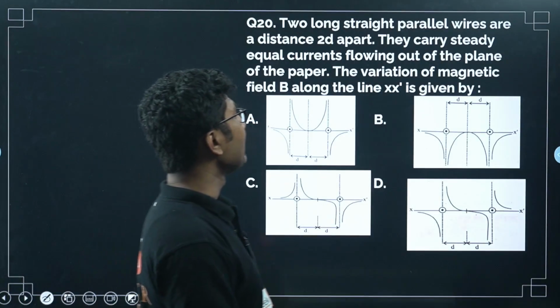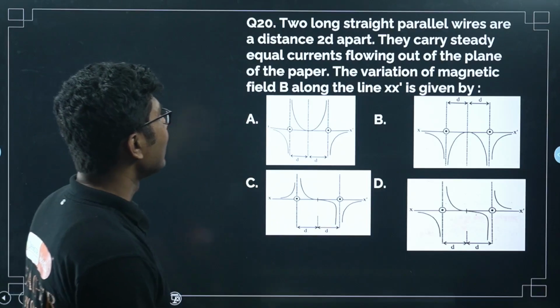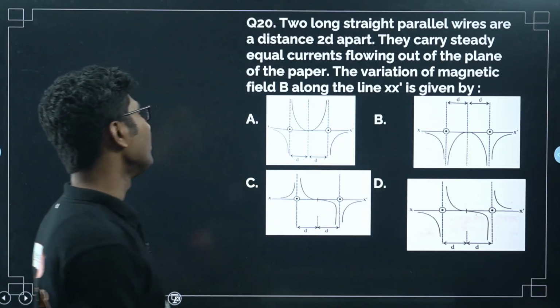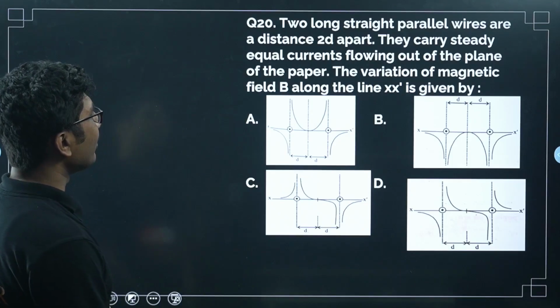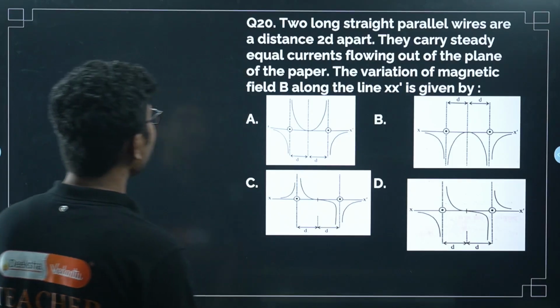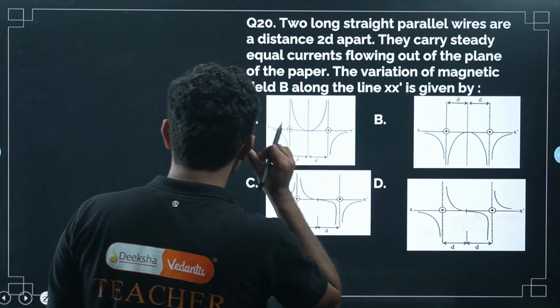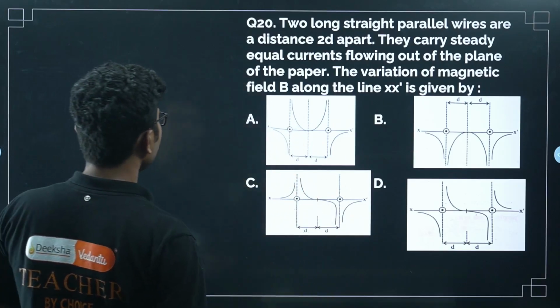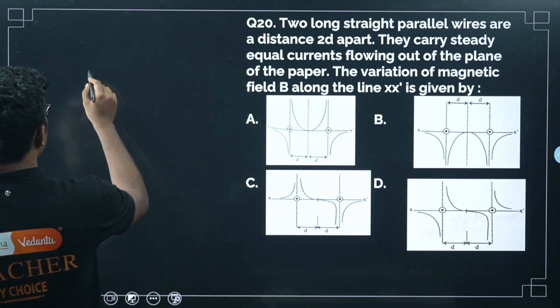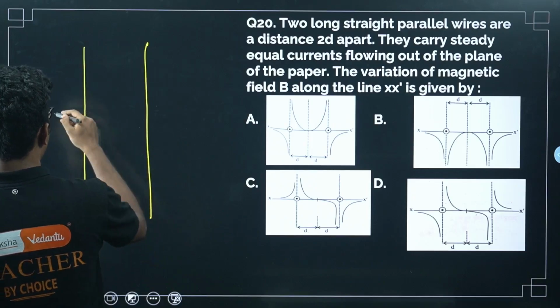Two long straight parallel wires are at a distance 2d apart. They carry steady equal currents flowing out of the plane of the paper. The variation of magnetic field B along the line xx dash is given by. So what is the thing? So we have 2 wires, okay, and 1 plane.